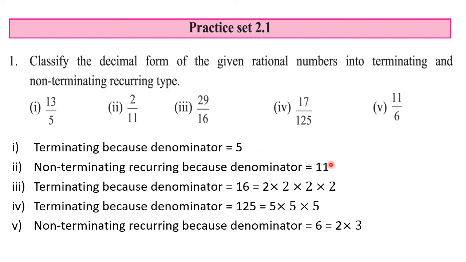See, for 11 it is non-terminating. For 6 the factors are 2 and 3, so it is non-terminating. Okay, so here to decide whether it is terminating or non-terminating, you don't have to divide actually. Simply by observing the denominator and getting its factors like this, you can tell whether the fraction is terminating or non-terminating. Got it? Let's go further now towards the second question.